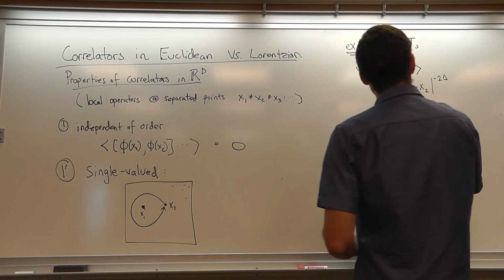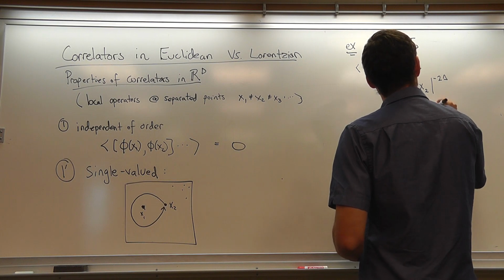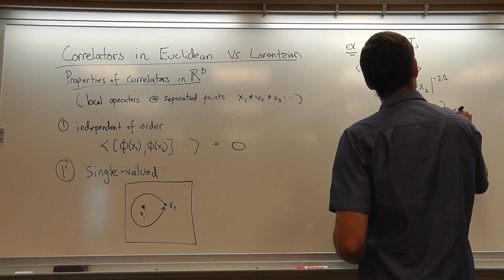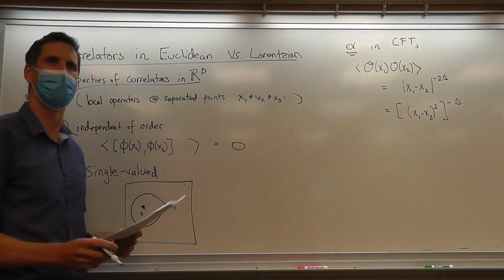And I'm going to write this suggestively as (x1 minus x2) squared to the minus delta.